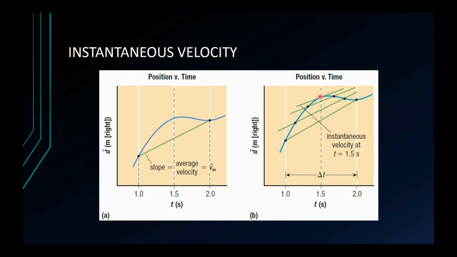It's that instantaneous point. And that's what your instantaneous velocity is. So at t equal to 1.5 seconds, there's only one point. If you do that math, you get something like the distance over 0.0000000001.